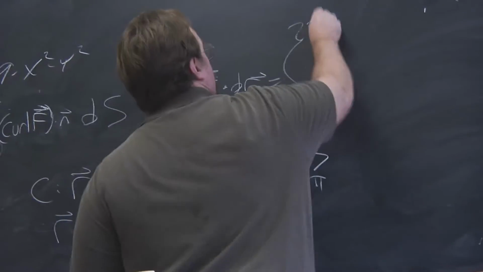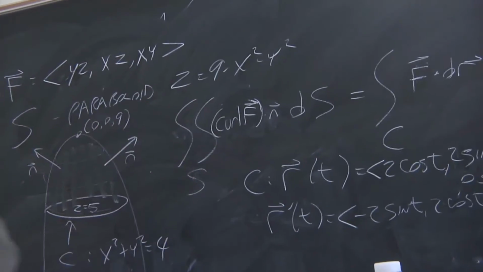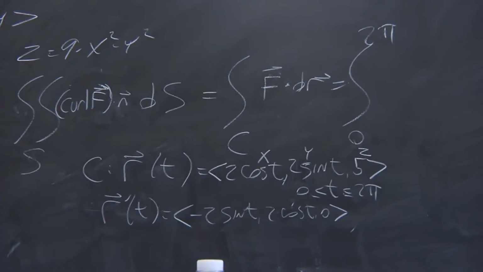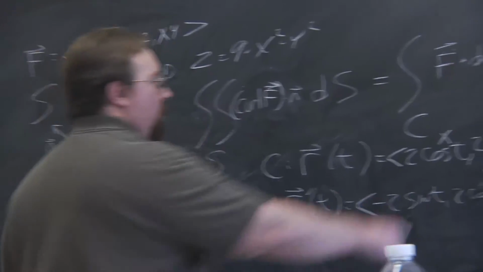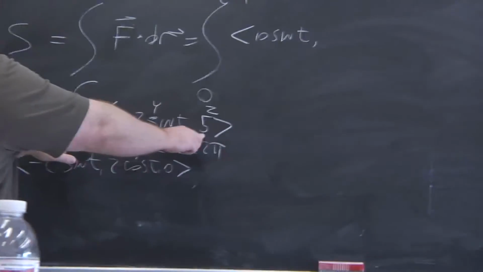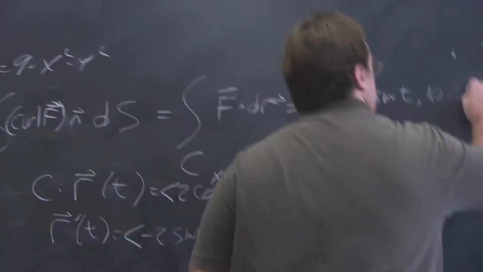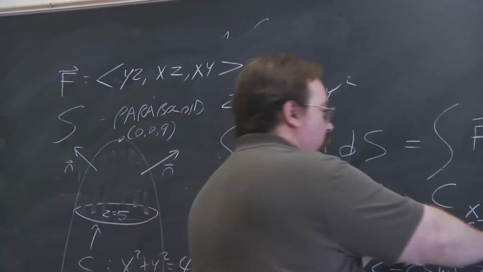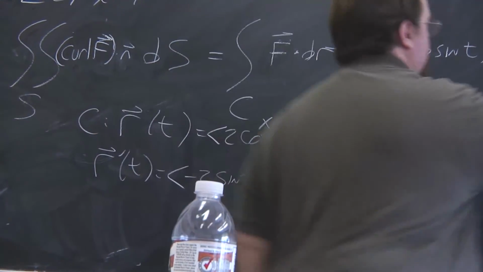It's the integral from 0 to 2 pi. And now you're going to take this vector field, yz, xz, xy, with x, y, and z plugged in. So y times z, that's going to be 10 sine t. X times z, that's going to be 10 cosine t. And then x times y, that's going to be 4 cosine t sine t.